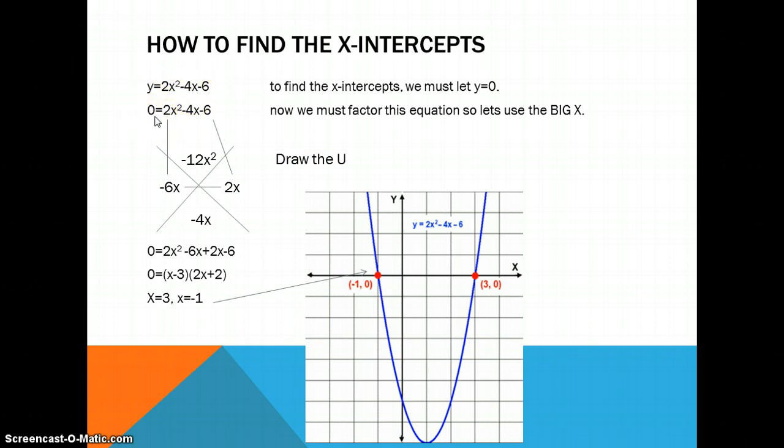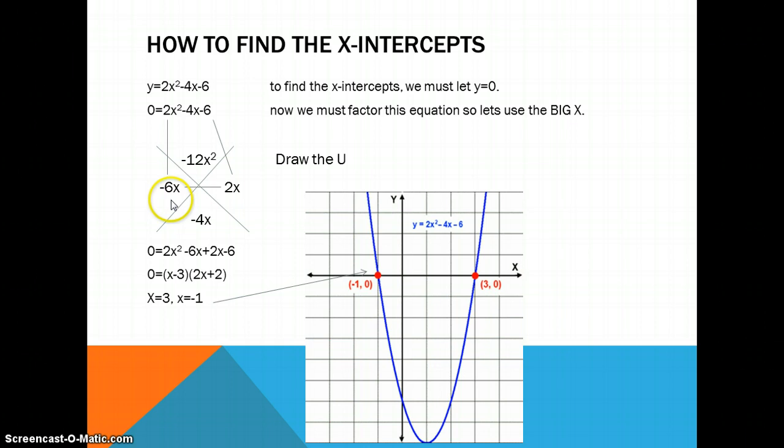Now we must factor. There are many ways to factor, but a quick way is called the big X. So it becomes this big X right here. What you do is this top term up here is 2x squared times negative 6, and that becomes negative 12x squared. And then this negative 4x, which is in the middle, comes down at the bottom.